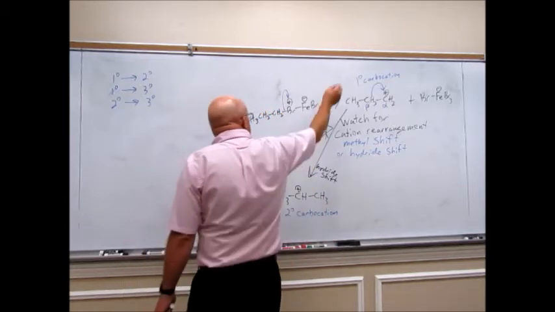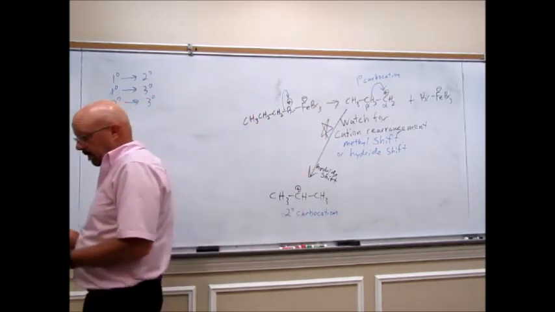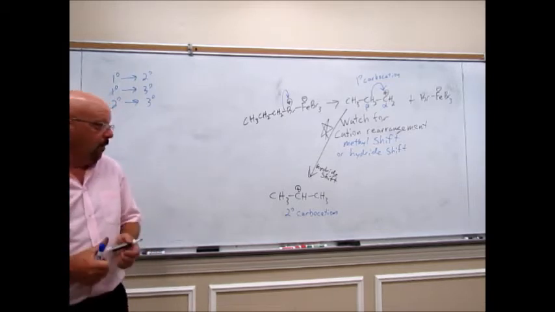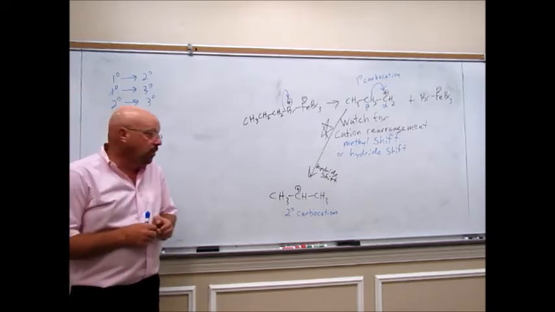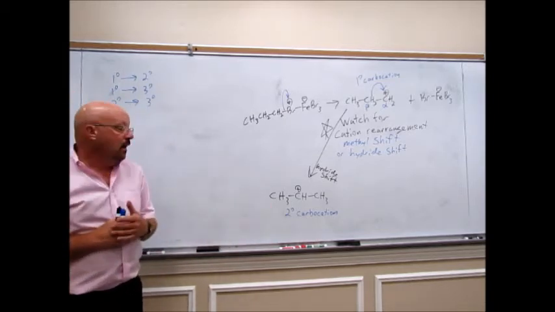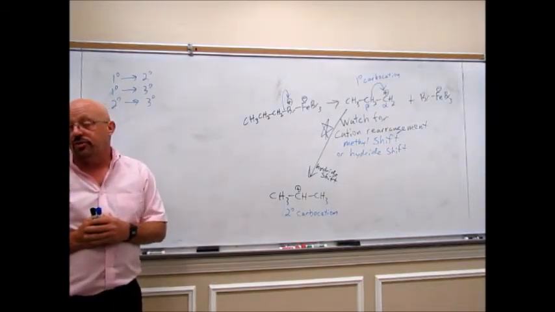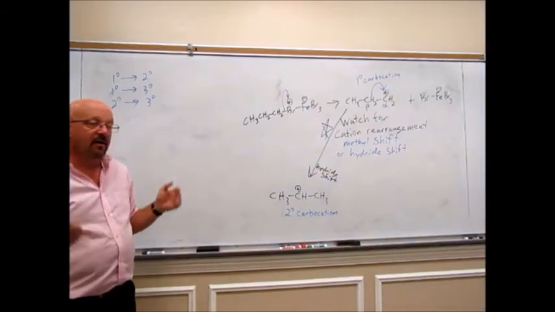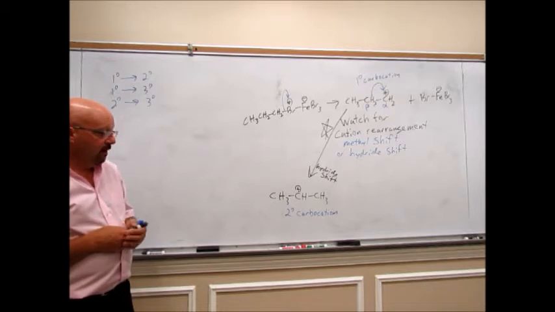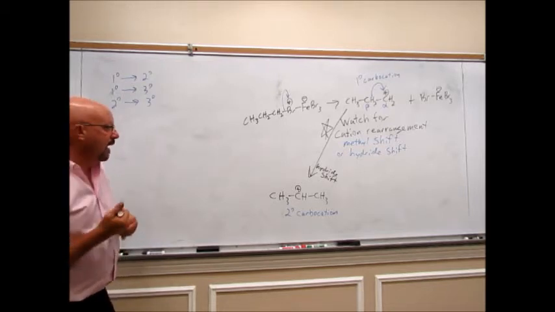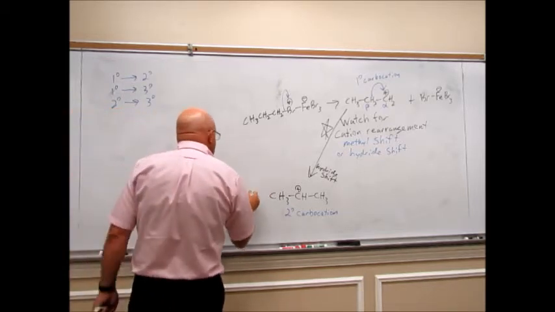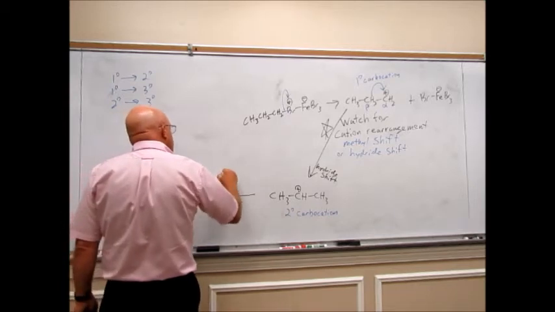That is more stable than the primary. So that rearrangement will occur very quickly because we're going to something more stable. Now there's no way I can get it to a tertiary. I don't even have enough carbons. Secondary is as stable as we can get. And that's what reacts with the aromatic ring.